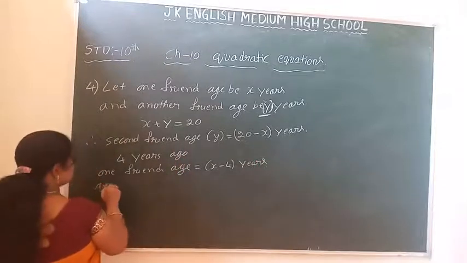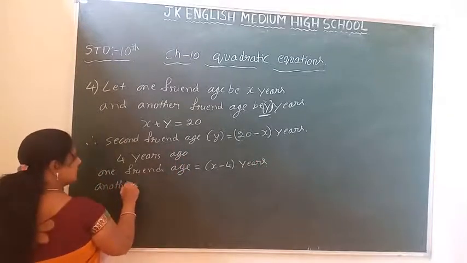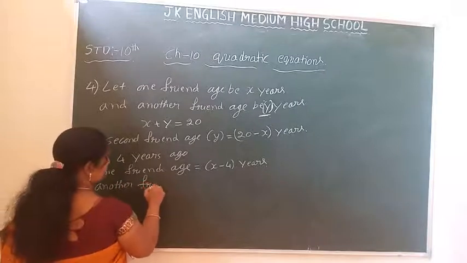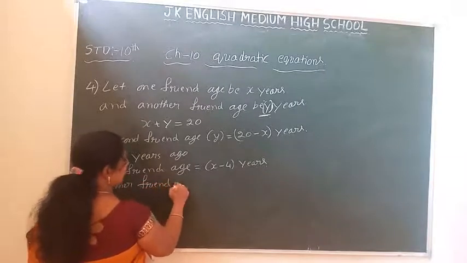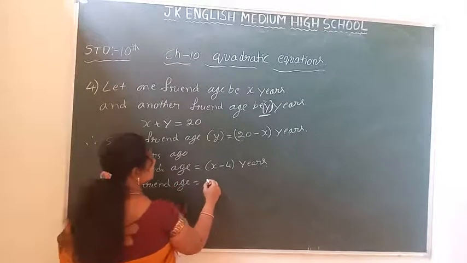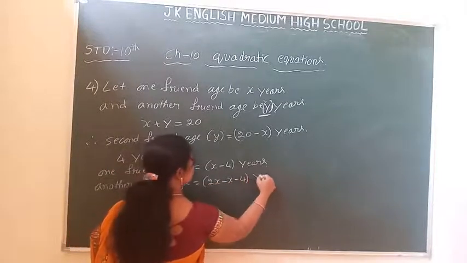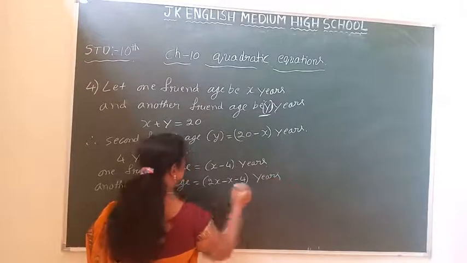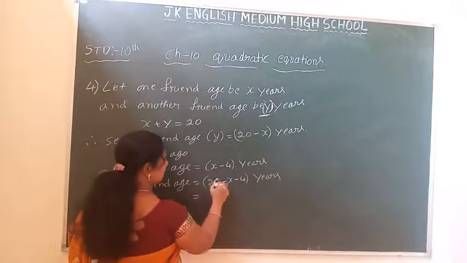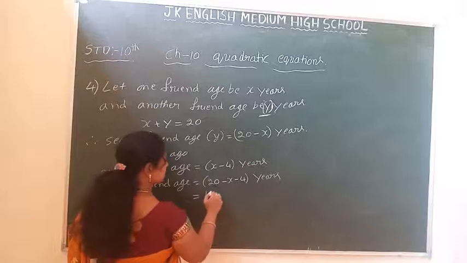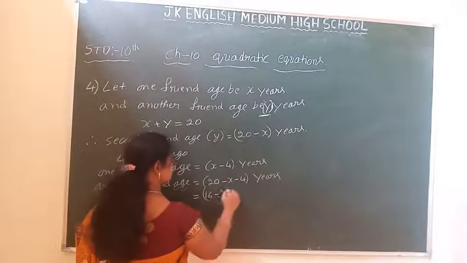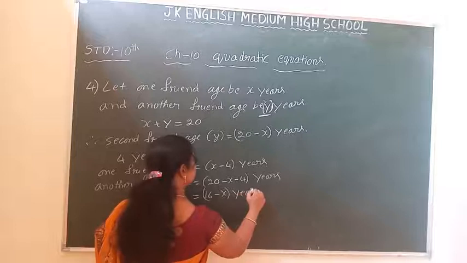Another friend's age becomes 20 minus x minus 4 years, that is 20 minus 4 is 16 minus x years.